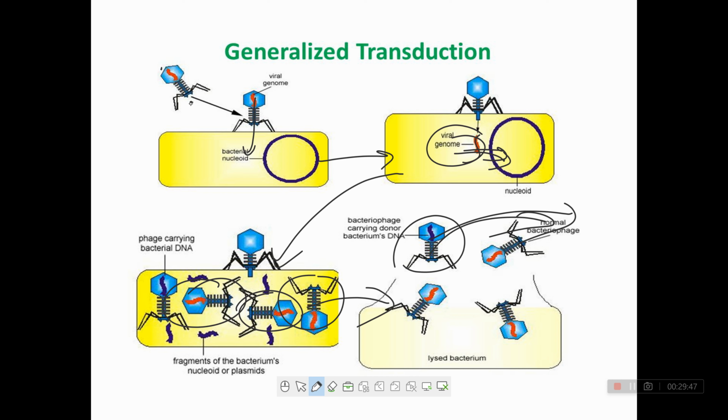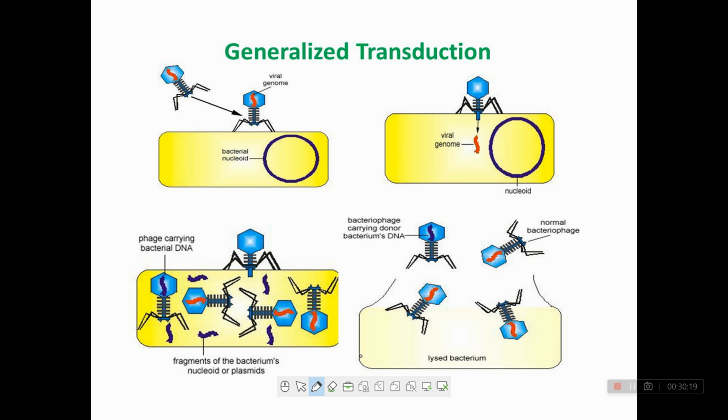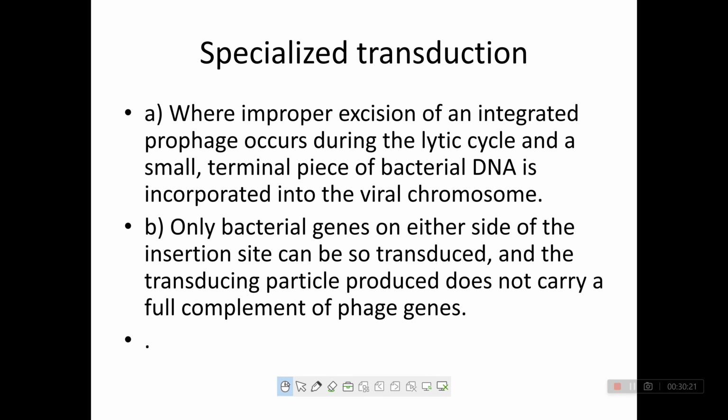So the donor bacteria were lysed, and that's why this process is known as the lytic cycle. The donor cell bursts or dies. Remember this in general: this is the process of generalized transduction.